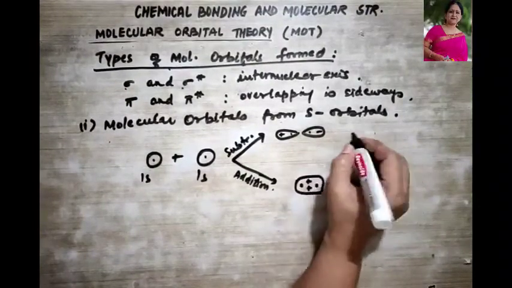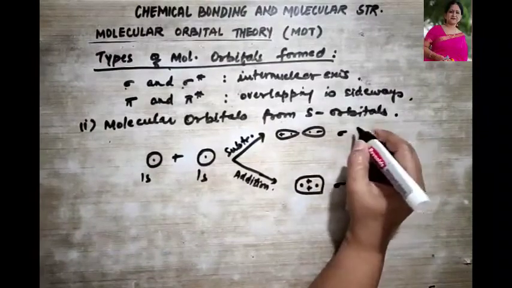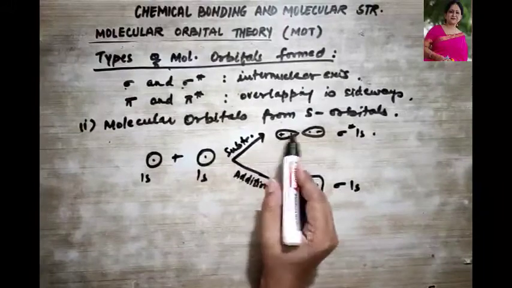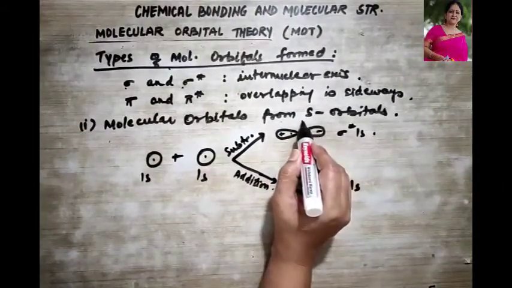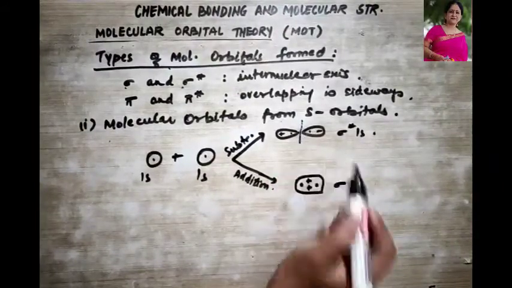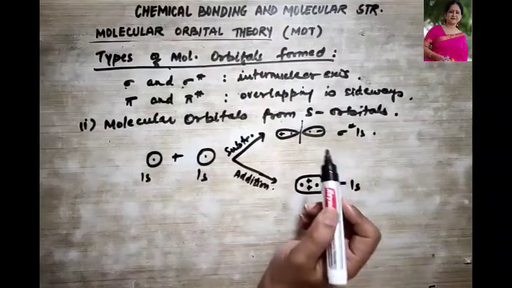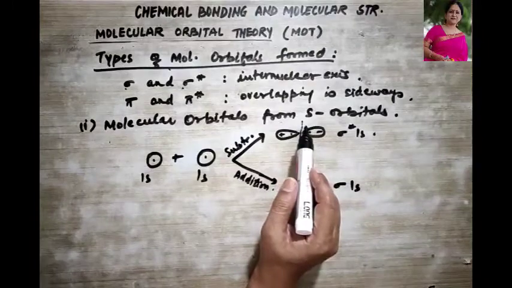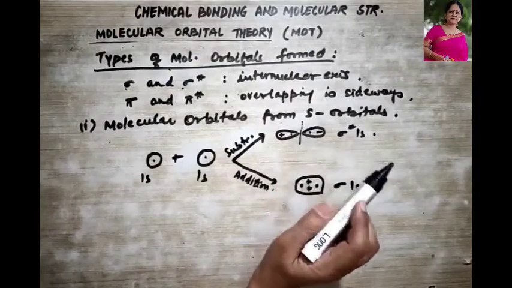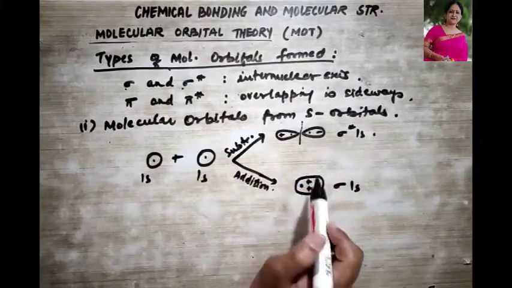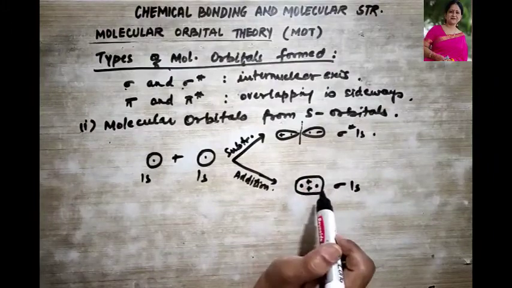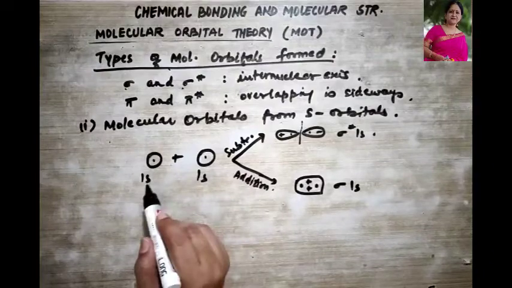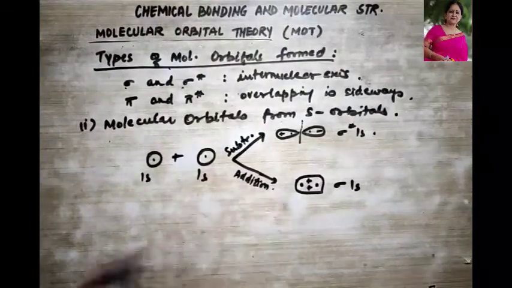So this forms your sigma star 1s. So this on subtraction is formed. Can you see the division that takes place over here? So this is the formation of the molecular orbitals from the s orbitals, right?